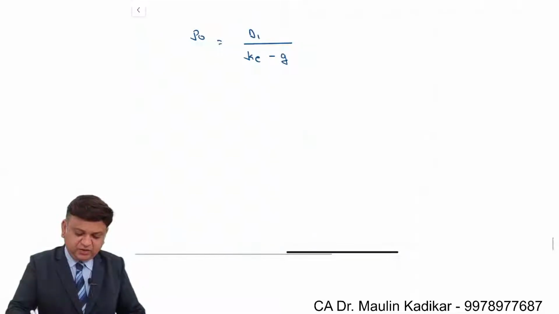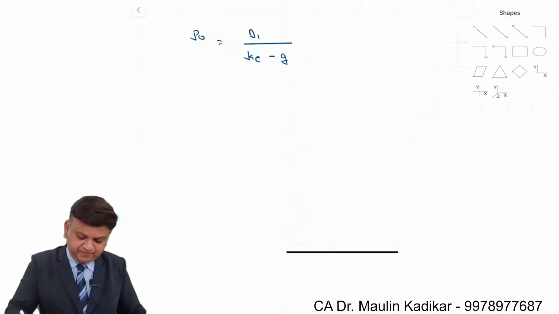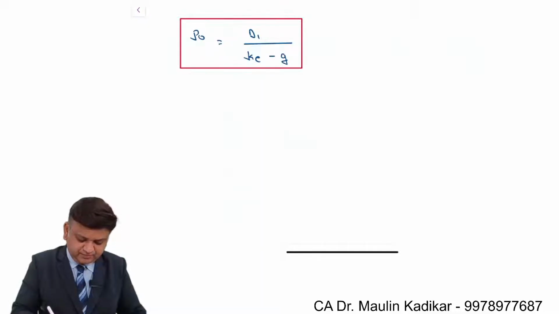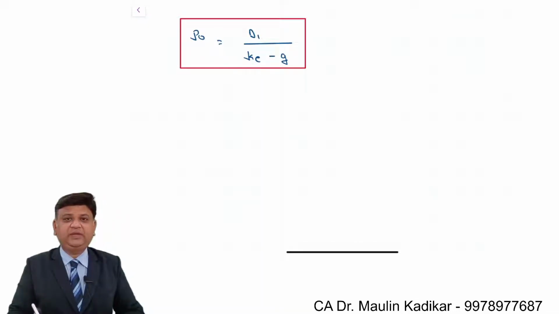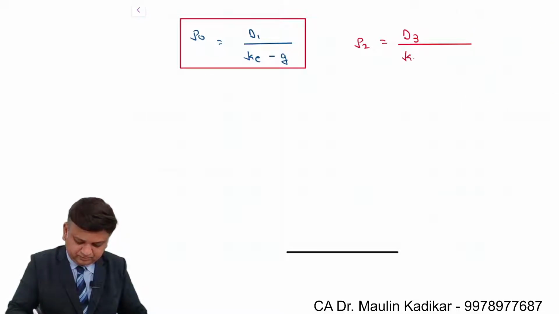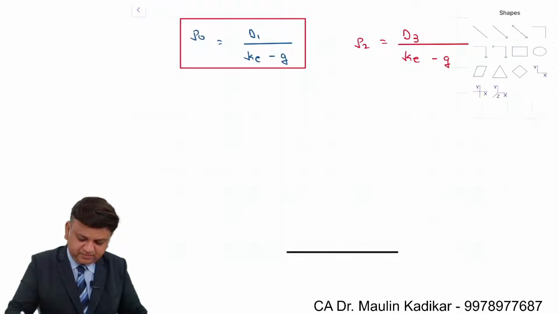It means that from end of year 1 onwards for perpetuity, whatever dividend income the investor is going to receive, all that dividend income will be discounted to year 0, and that is P0. Similarly, P2 will be calculated as D3 divided by K minus G. That is the way P2 is calculated.